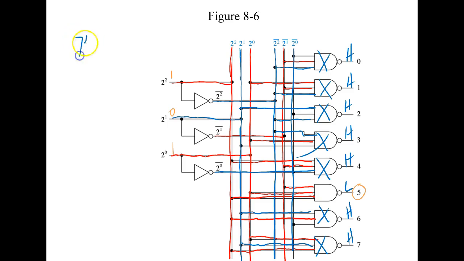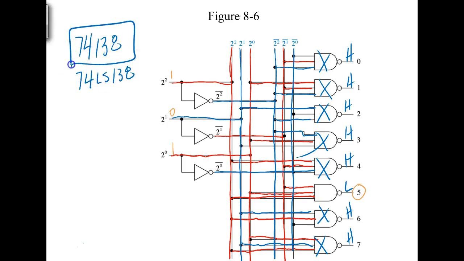So I come up here and I say 74138. And then I might have a 74LS138. So what's the difference? It's the speed and what? So speed's nice to know, but another thing, I have to build a power supply.